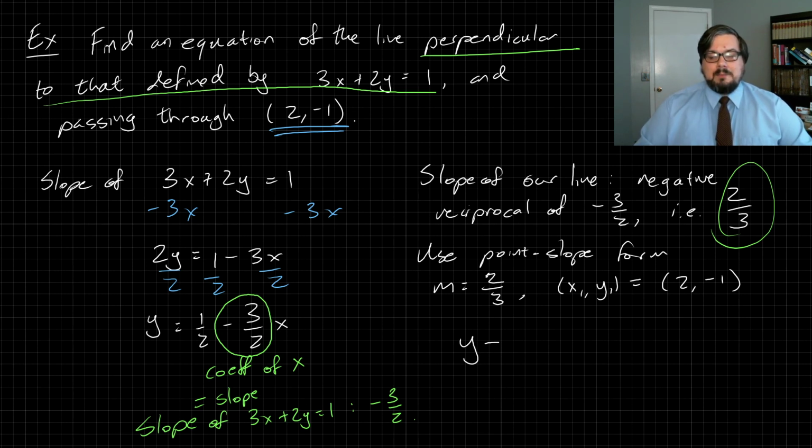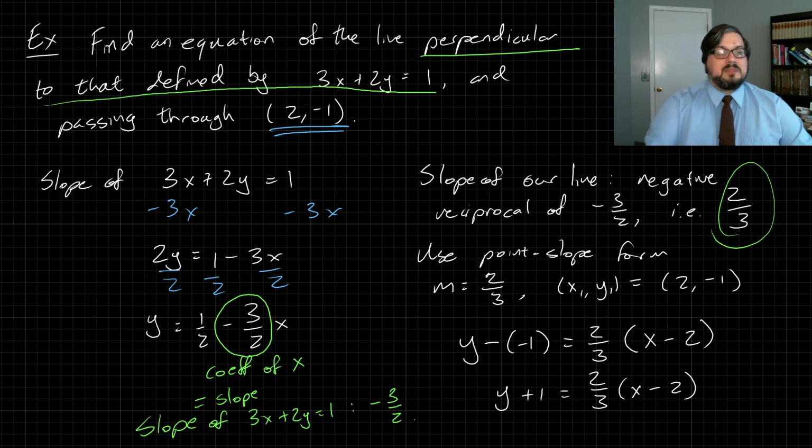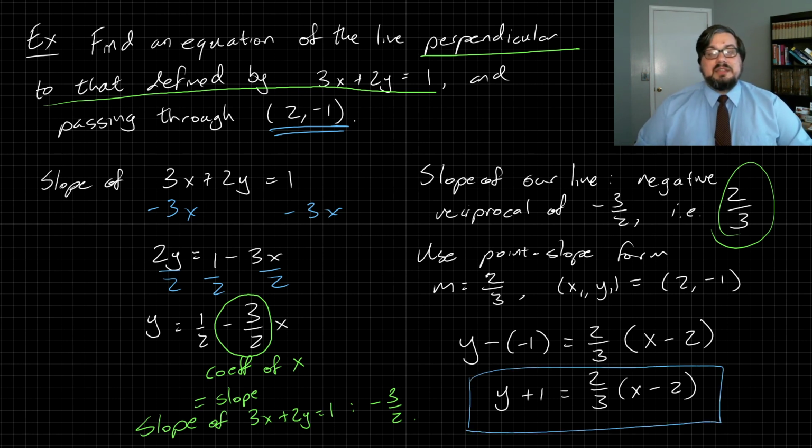So we get y minus -1, the y value of our point, equals 2/3, our slope, times x minus x1, the x value of our point. So we get y plus 1 equals 2/3 times x minus 2. And this is an equation of the line perpendicular to the line defined by 3x plus 2y equals 1, and that passes through the point 2, -1.